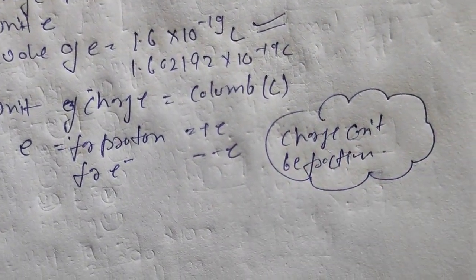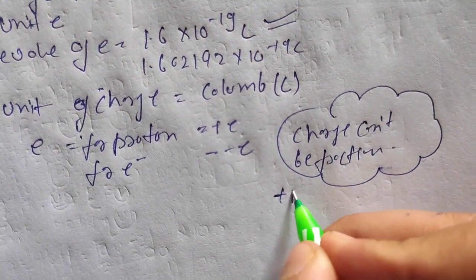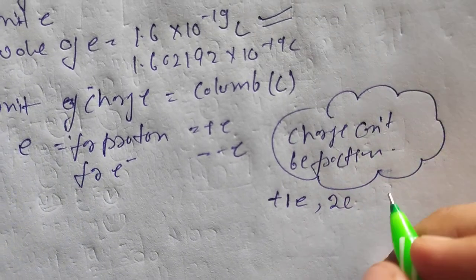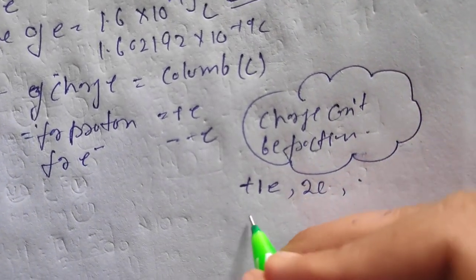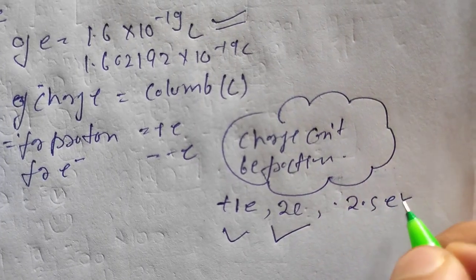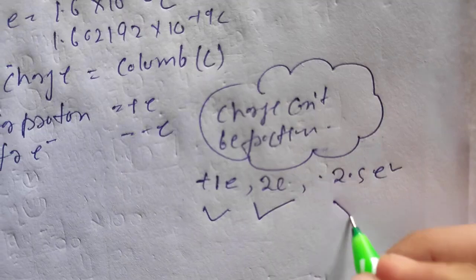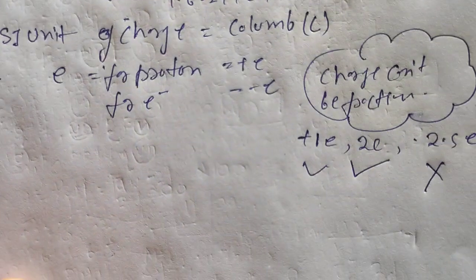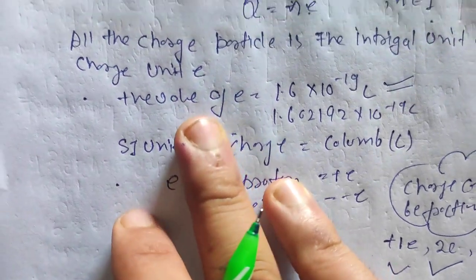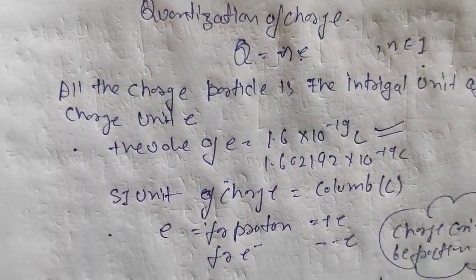For example, if I give you 1 e or 2 e, these are valid. But if I say I want 2.5 e, that is not possible. Fractions are not allowed, only integers. The charge comes only in packets, in bunches.